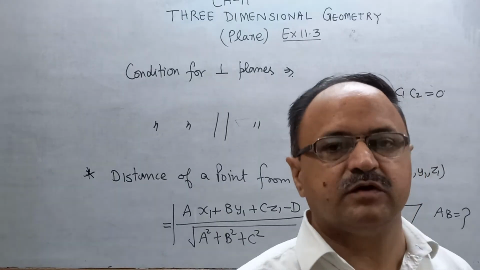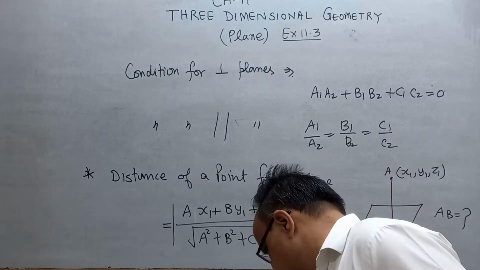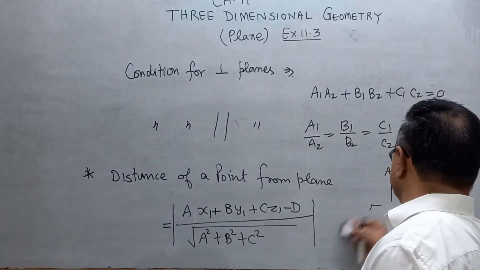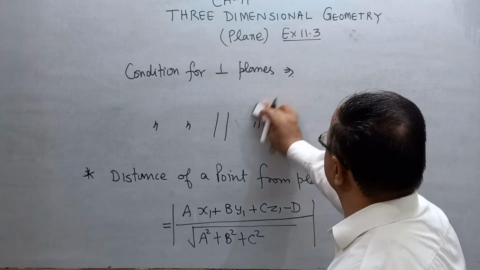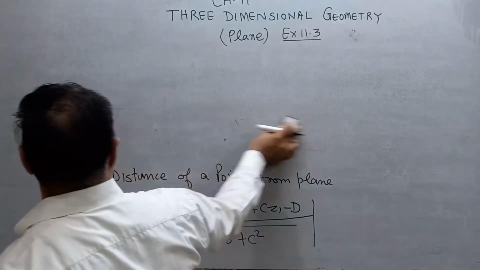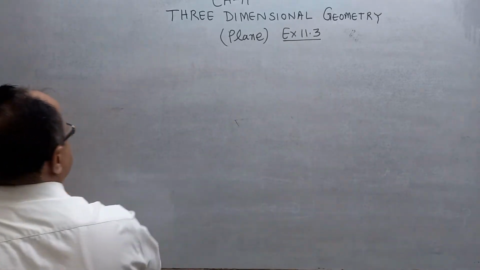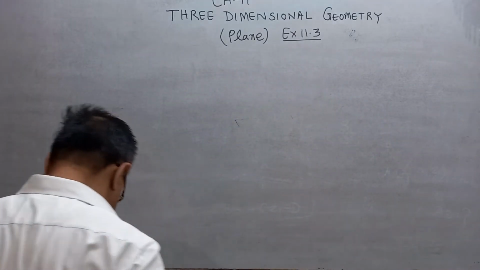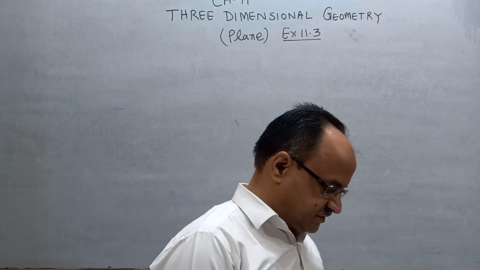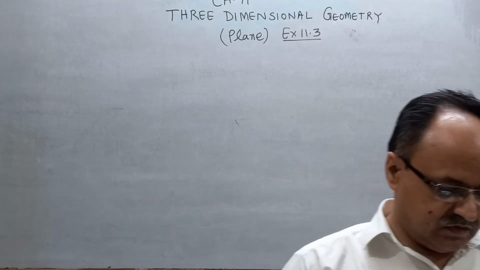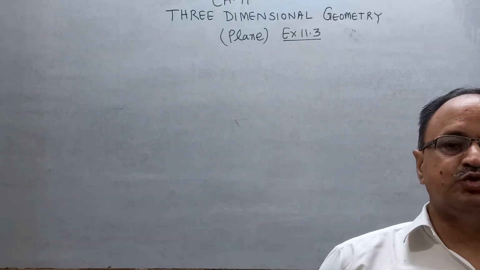Distance of a point from the plane. Clear? Next formula: distance between two parallel planes.